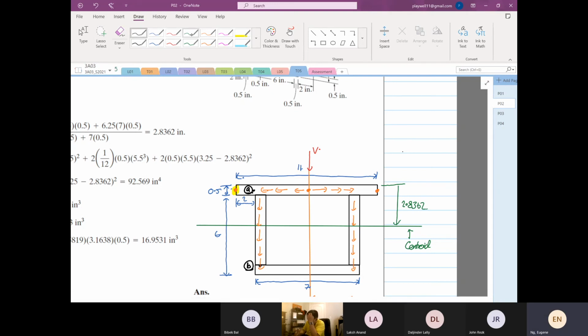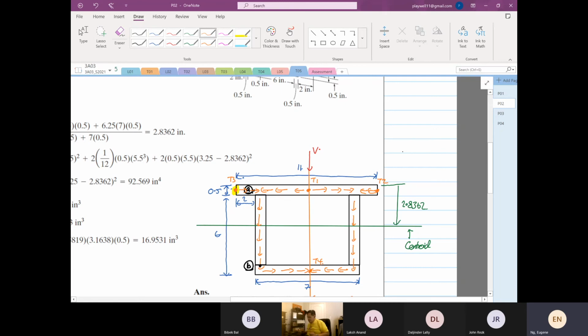So the shear flow will do this. Okay, and then after that it will come back here. So this is our terminal. So this question has 4 terminals, right? Terminal 1, terminal 2, terminal 3, and terminal 4.